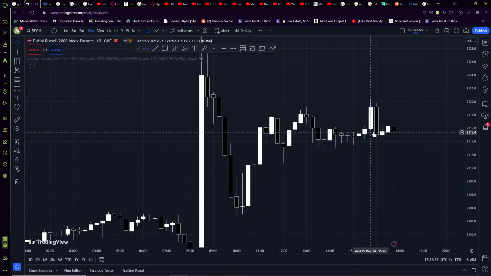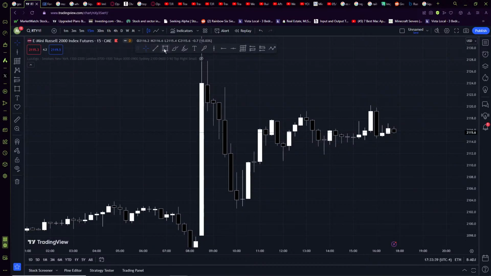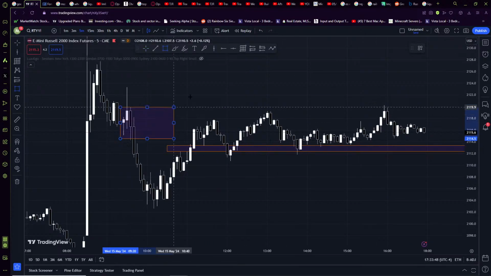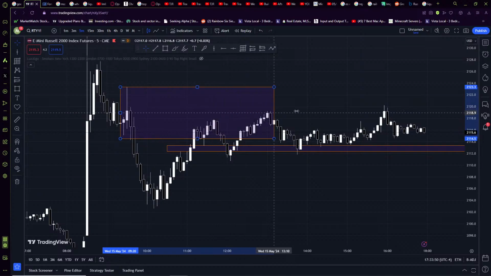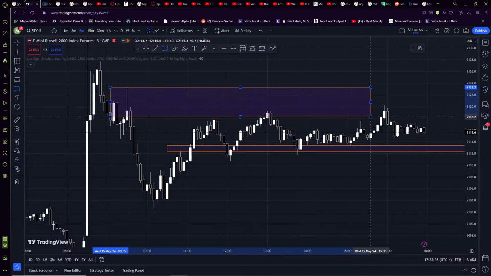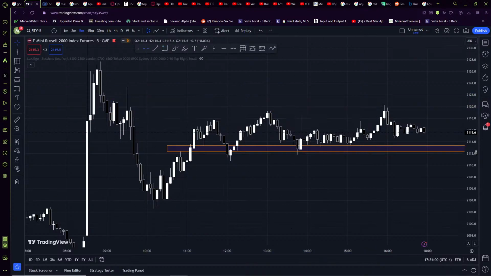Price respects the fair value gap. Cool. On top of this fair value gap, perhaps somewhere in here is a smaller order block. What do we get? See what I'm saying? How price does this? We definitely know there's liquidity up here because this area, price swept the high just to shoot lower, right?